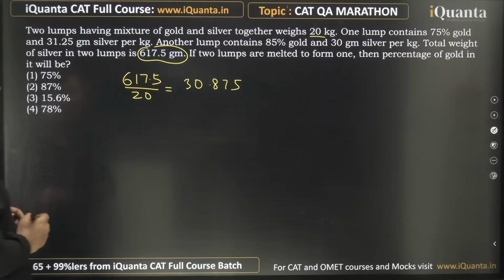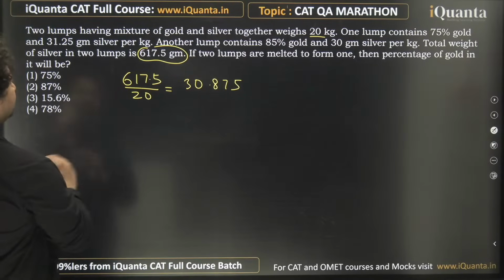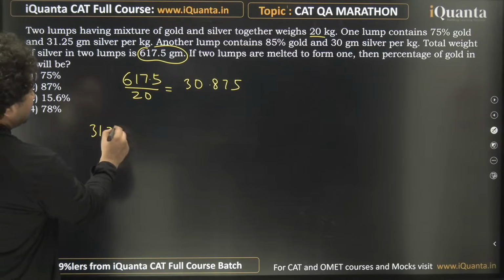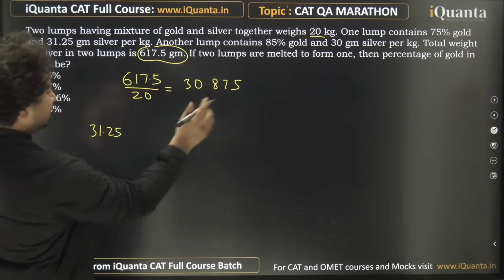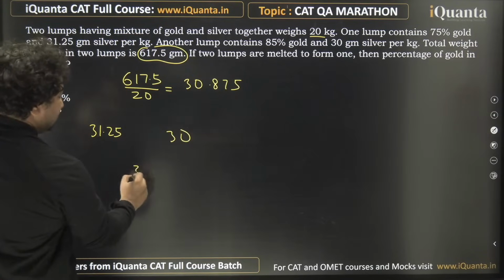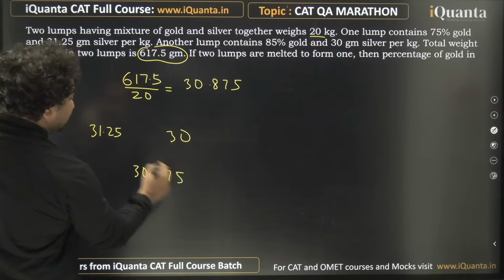Now, by using alligation, in the first lump the silver was 31.25 grams, and in the second lump it was 30, and 30.875 I'll put here. I'll use alligation.